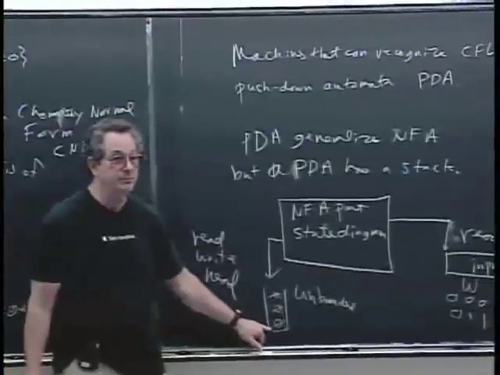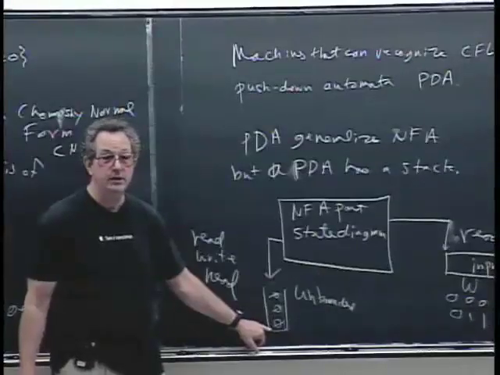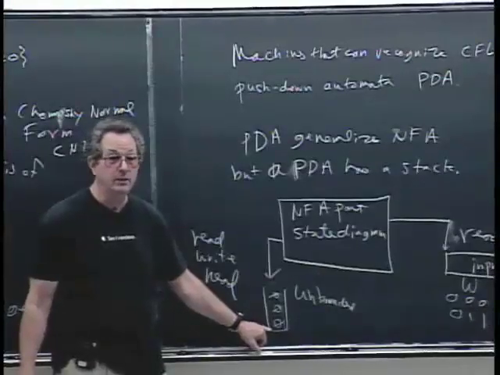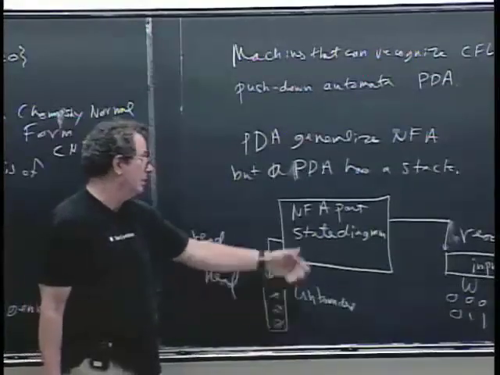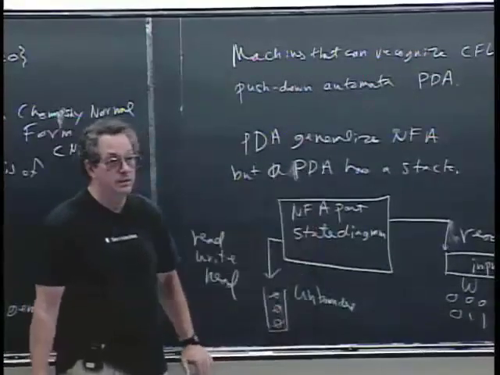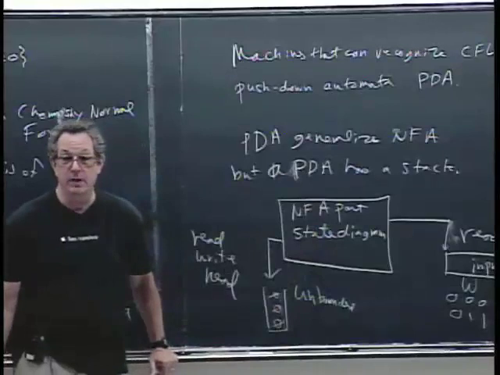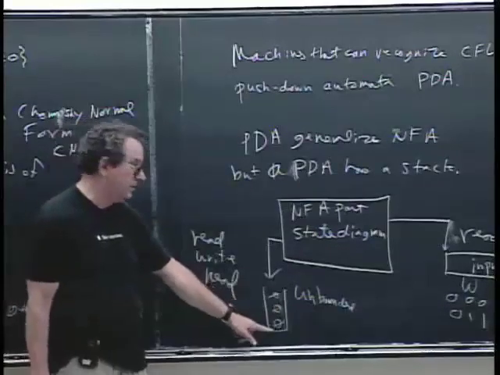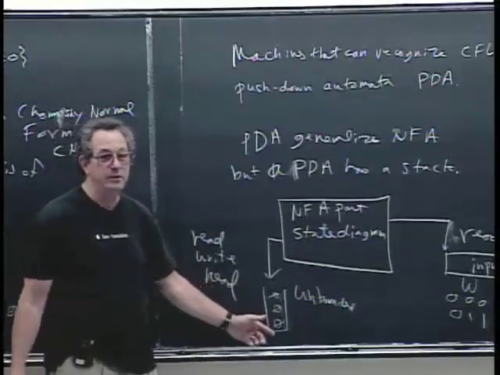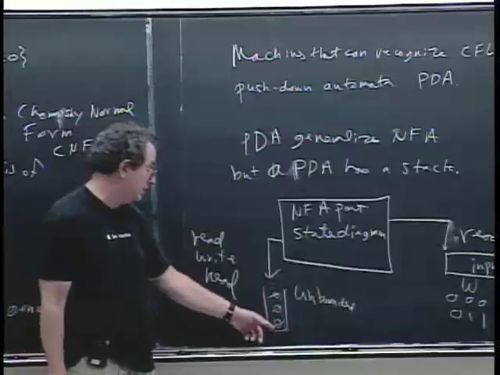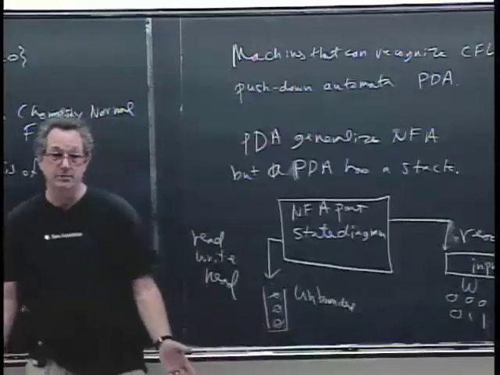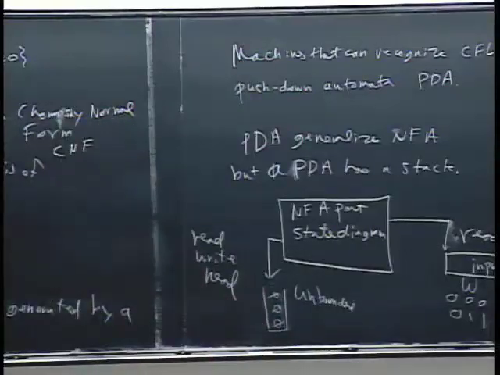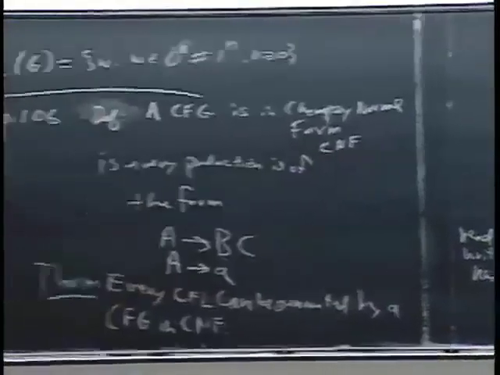The first symbol it pushes onto the stack is going to be like a $, which is not from the terminal alphabet. And so whenever it reads a $, it's equivalent to knowing that the stack is empty. Okay, so just a technicality there.